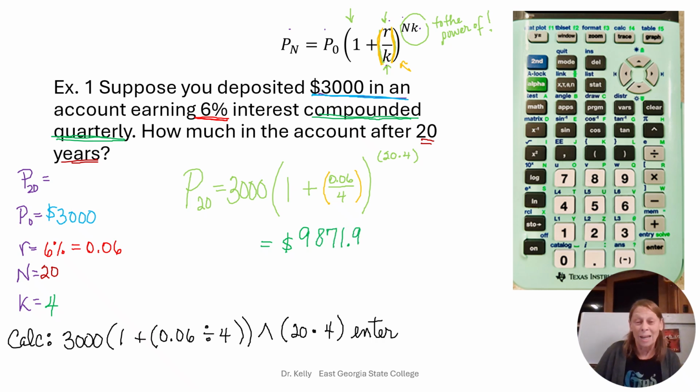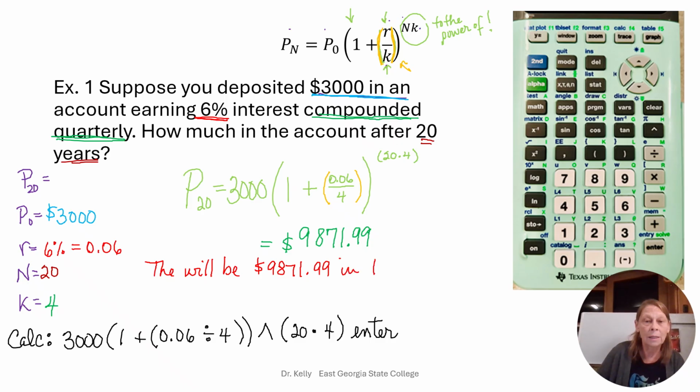And when you hit the enter button here, you will get $9,871.90. It was 989 or some such. Round up. We're dealing with money. 99, and our sentence would be, there will be $9,871.99 in the account after 20 years.